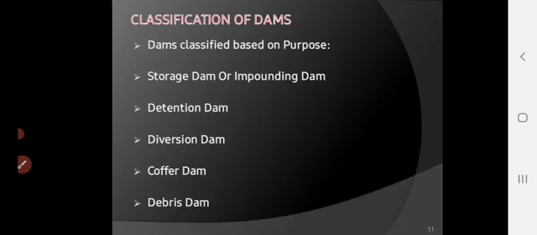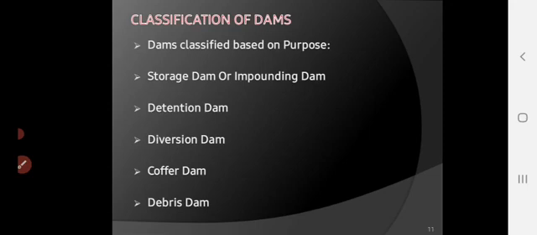There are many classifications of dams because we have many types of dams. So let's see one by one. Dams are classified based on purpose: storage dam, impounding dam, detention dam, diversion dam, coffer dam, debris dam. You have to remember the figures. Actually, dam classification is a huge topic. Okay, so first we will see based on purpose.